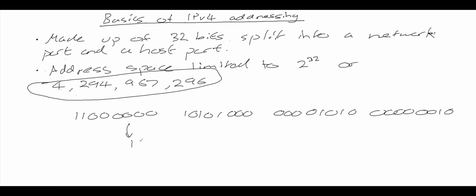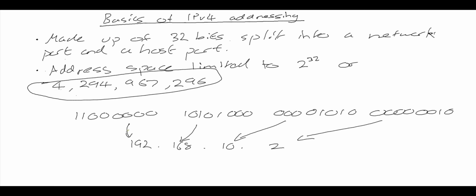So this in decimal is 192, this is 168, this is 10, and this is 2. And then we get our dotted decimal notation form of the IPv4 address, and that's much easier to read.